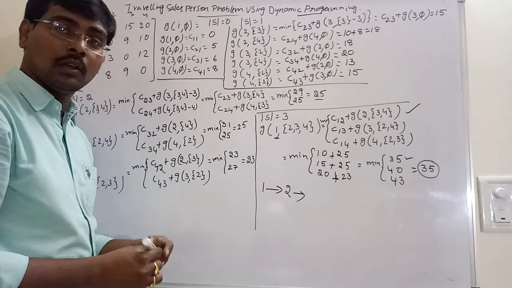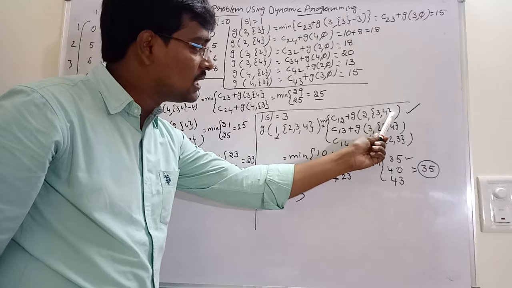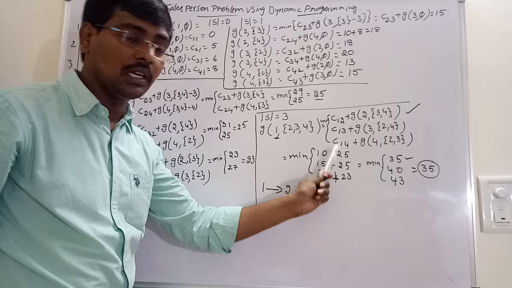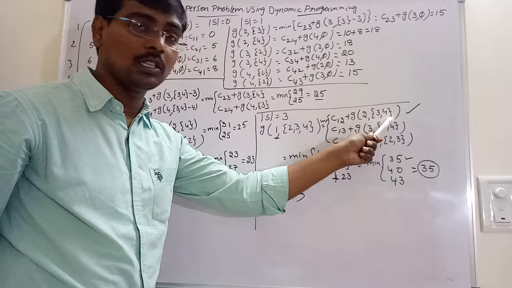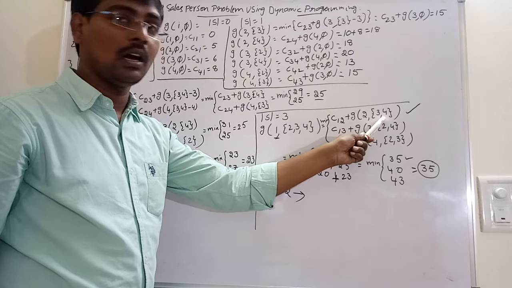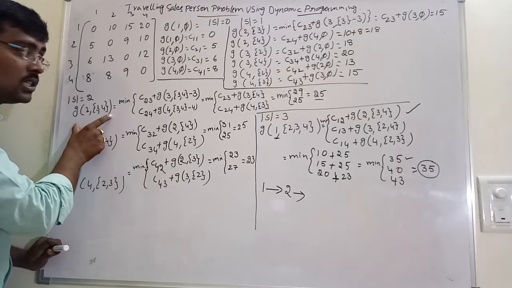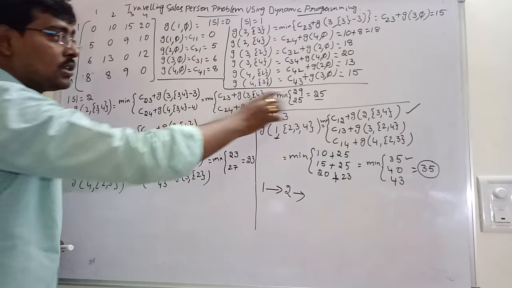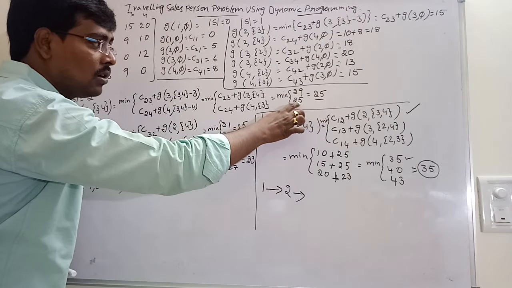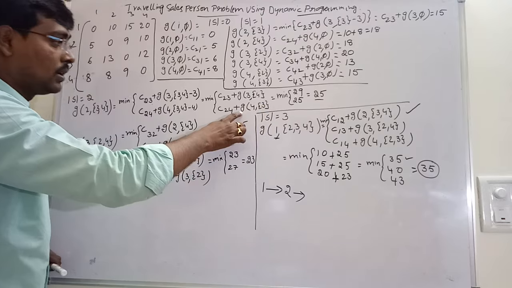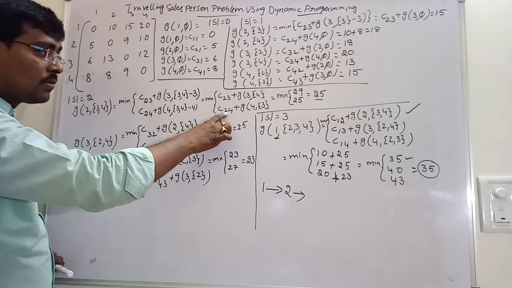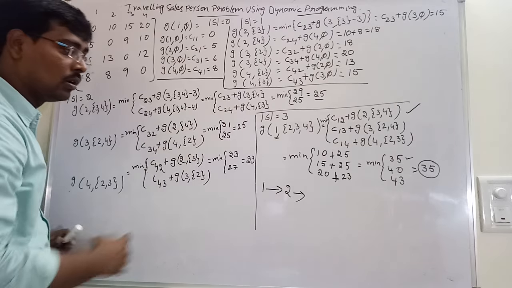From 2 we are getting this value, so this value is 25. From 2 we have 2 possible cases, either 3 or 4. So go to this equation. In this equation we are getting value 25 because of this one, so this means we are moving from 2 to 4.